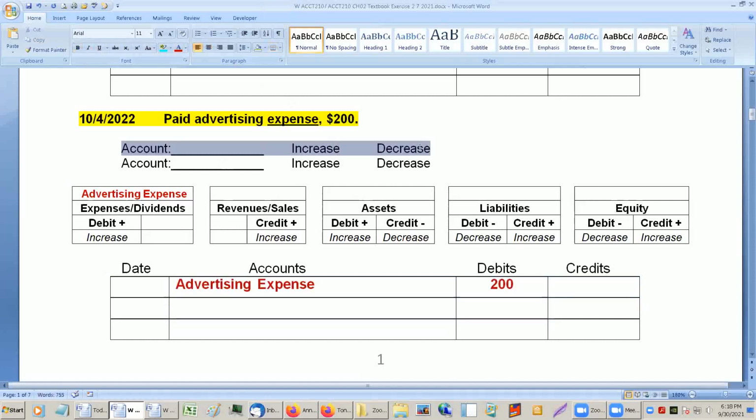You didn't even do any of these. We know that this is the debit. Whatever's on the other side paid, they probably paid with what? Cash. Yeah. So you know, cash must be the credit.